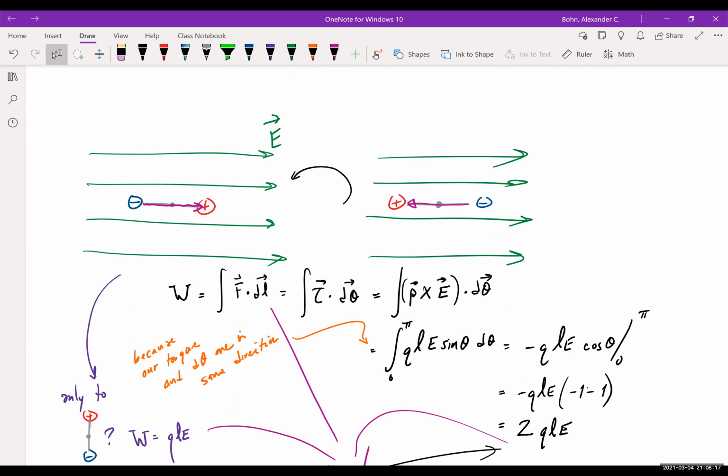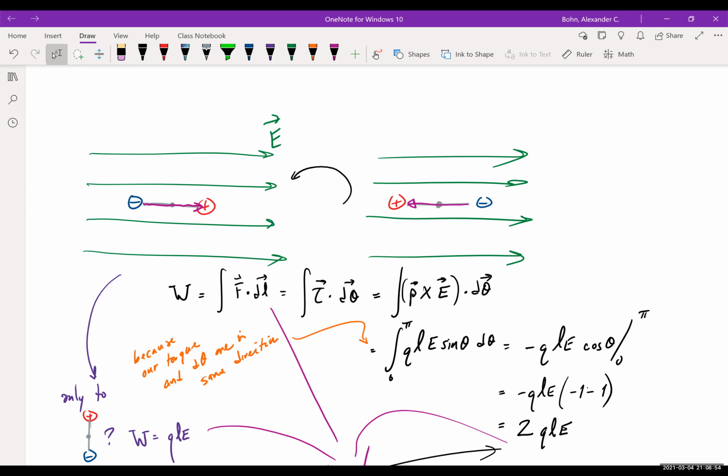Now, this is the work that we did to move it. The torque that we are using, in this picture, is creating a counterclockwise torque, and d theta, as theta goes from 0 to pi, is also counterclockwise. So the torque and d theta are in the same direction. This is my annotation in orange.